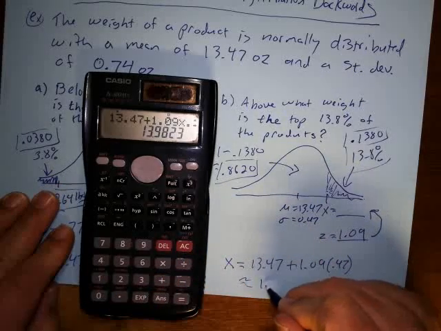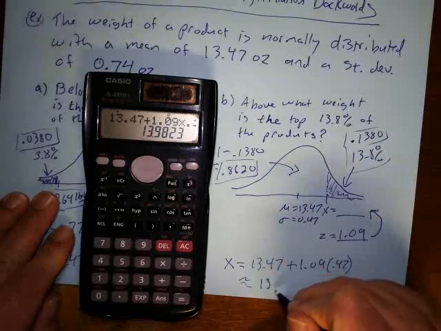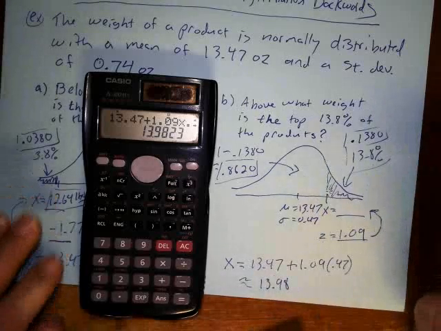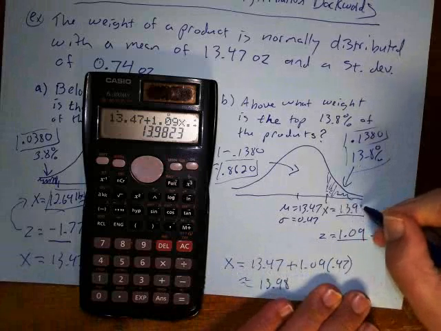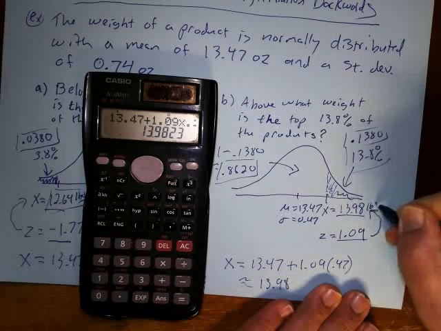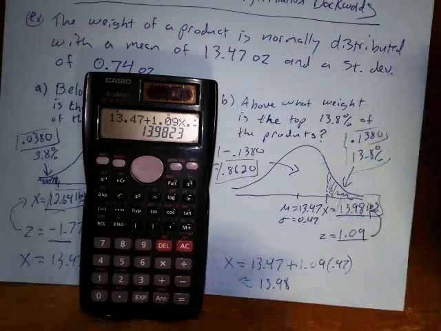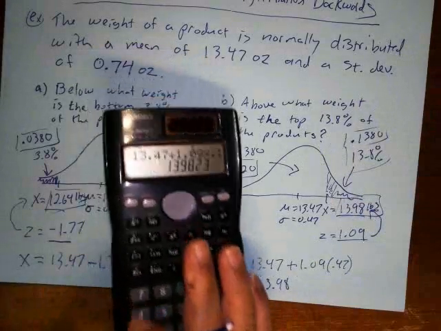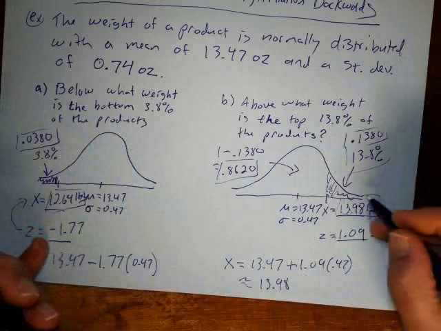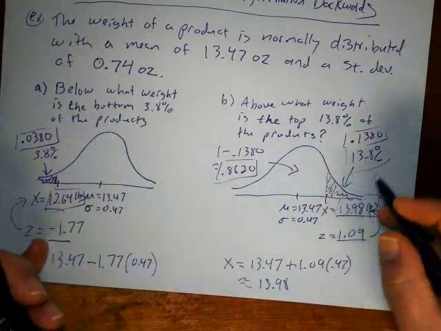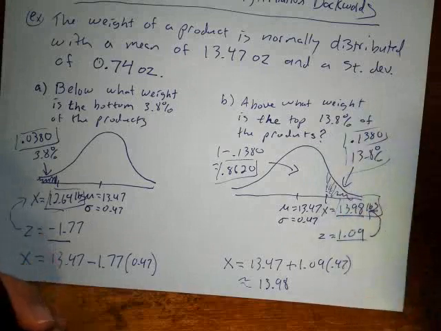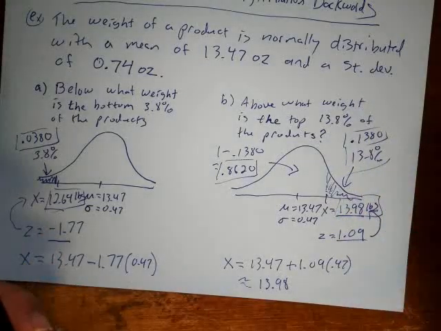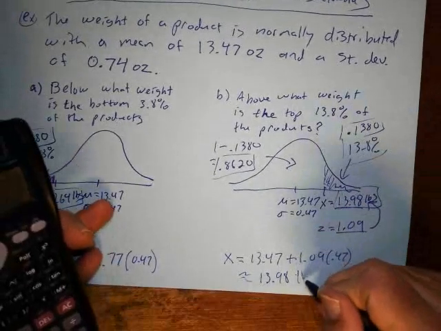I'm going to round that to 2 decimal places, and that's what this is up here, 13.98 pounds. So what weight has 13.8% of the products above it? It'd be 13.98 pounds. Okay.